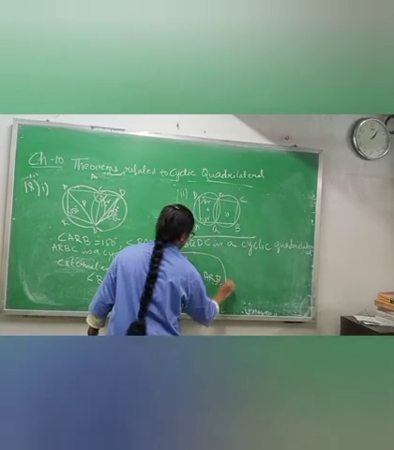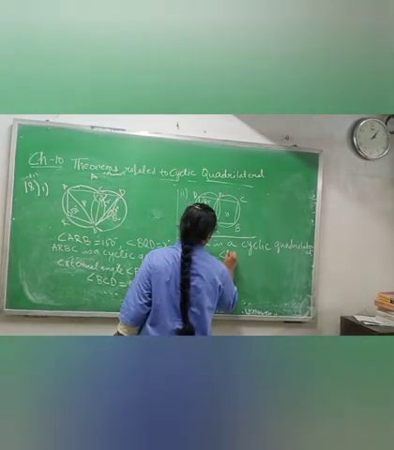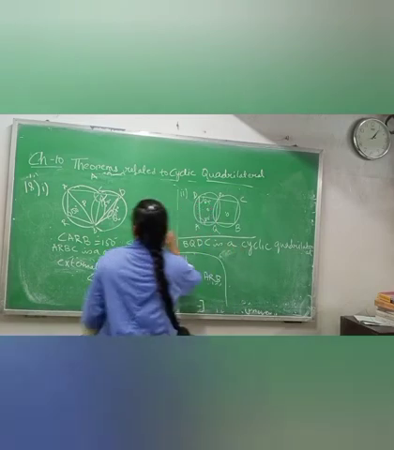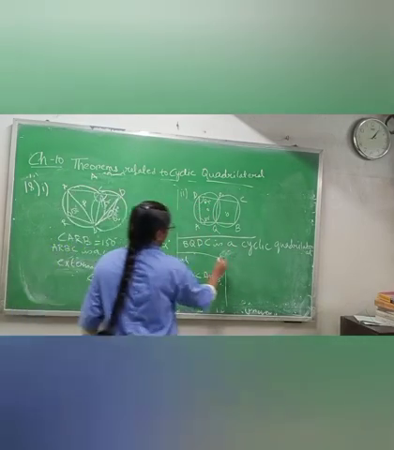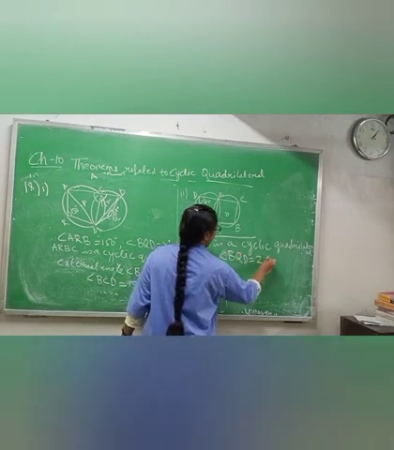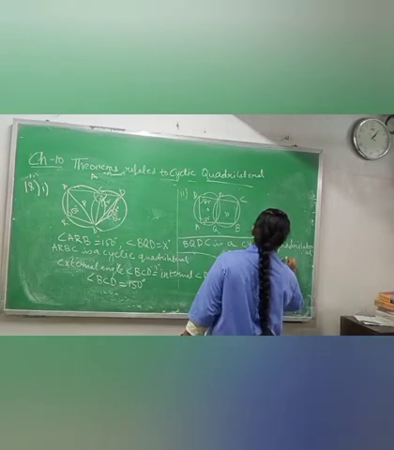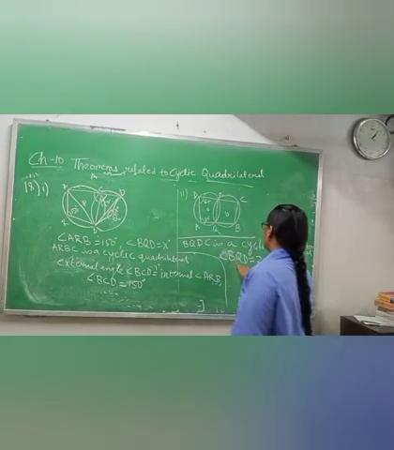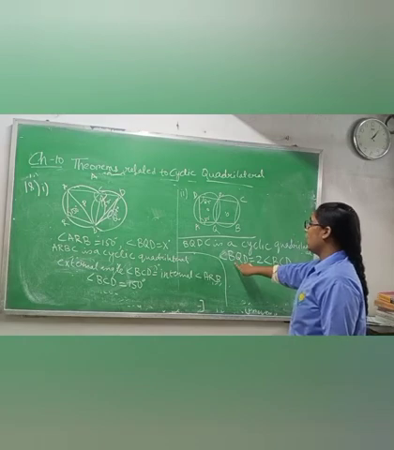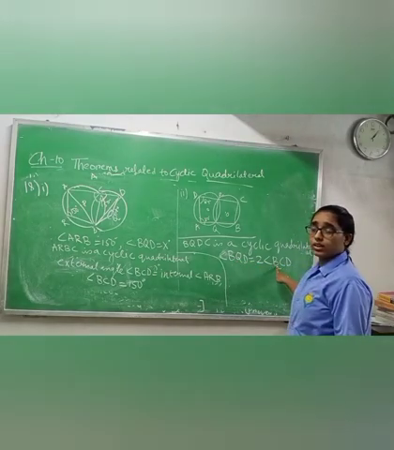Therefore, angle BQD is double of angle BCD. Why? Give the reason: angle in the center is double of angle on the circle.